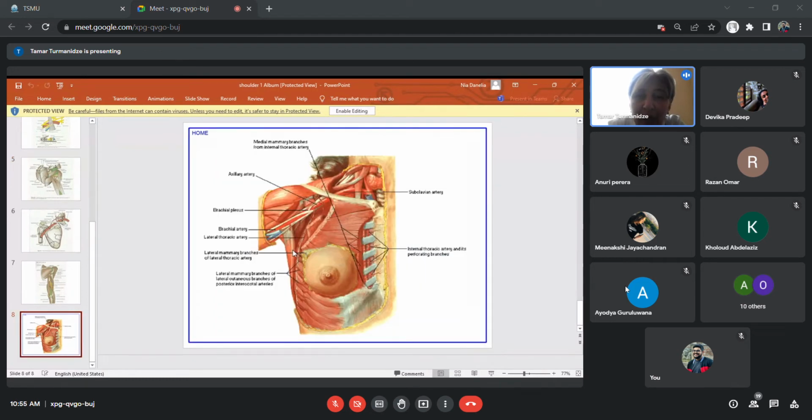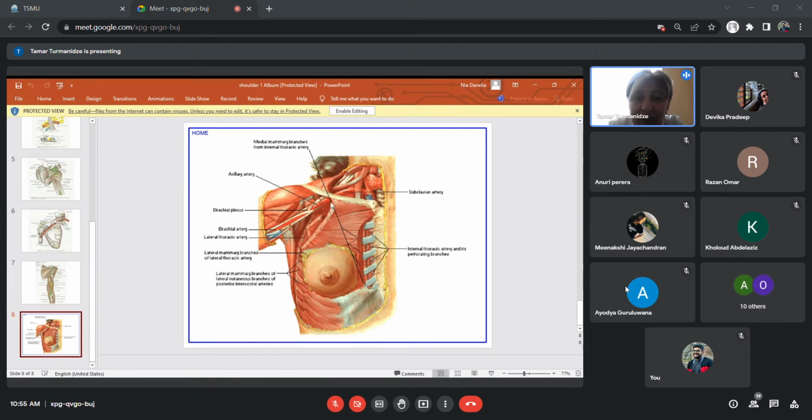The medial wall of the axilla is formed by the upper 4-5 ribs, intercostal spaces, and the muscle which covers these intercostal spaces, serratus anterior muscle. The lateral wall of the axilla is formed by the muscles located in the superior third part of the arm region. This will be coracobrachialis and biceps muscle.